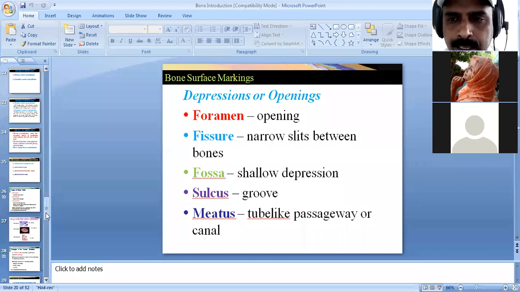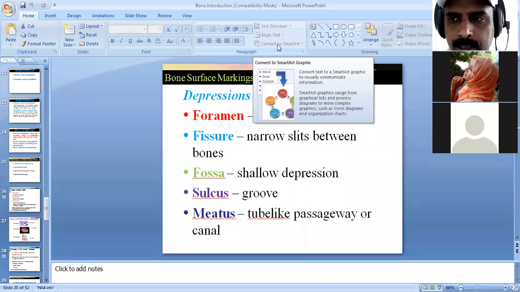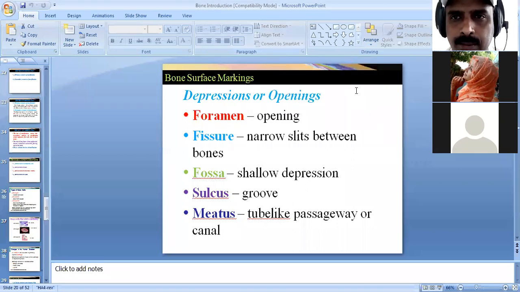Today you have to complete and make perfect the definition of bone, classification, and functions. This is the easiest part you can make. Side by side, study the bones we have covered, like the hip bone. This is all about today's planned lecture relating to the bone.